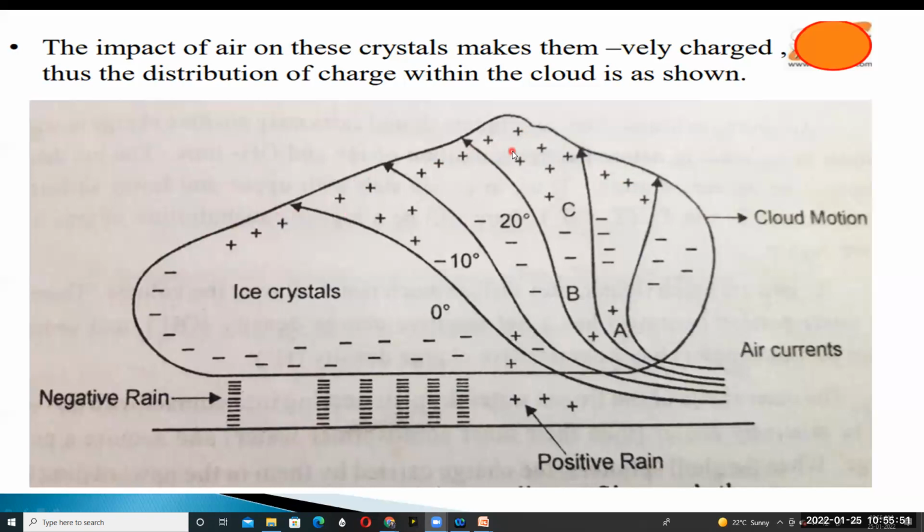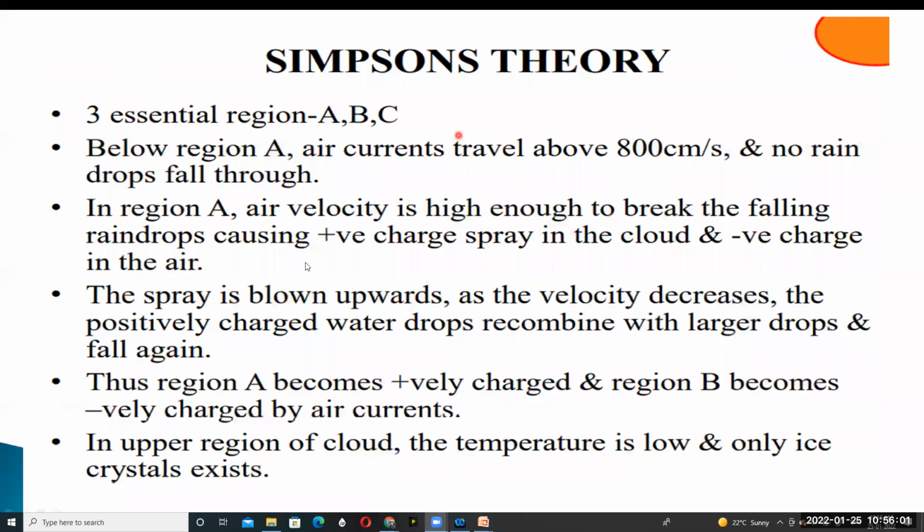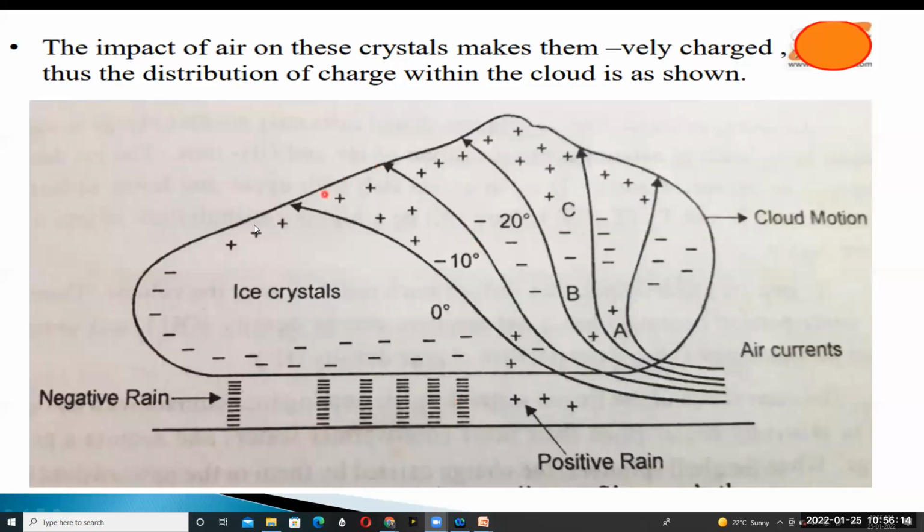Because the temperature in the upper part of the cloud is low, only ice crystals exist there.